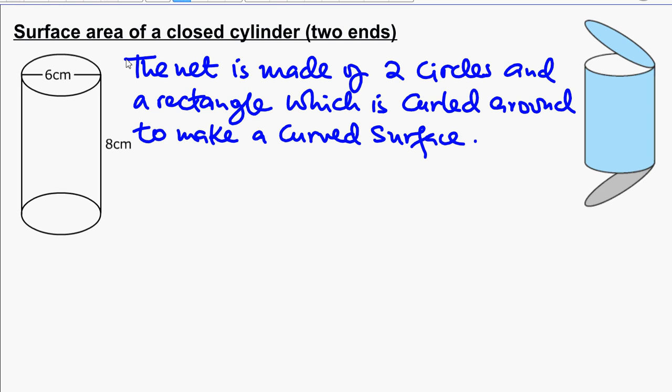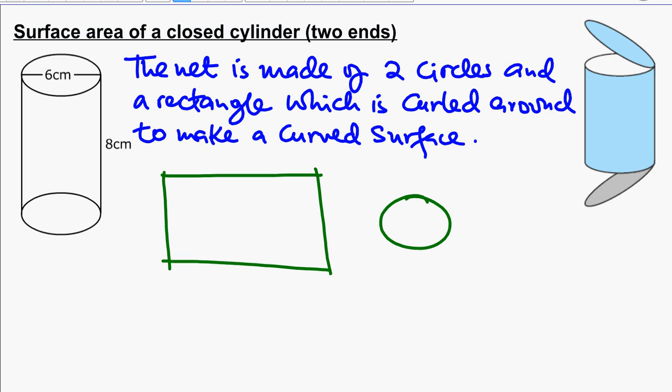So what do we mean here? We have a rectangle and we have two circles. Okay, now what we need to do is to find the area of the rectangle, the area of the two circles, and add them together.